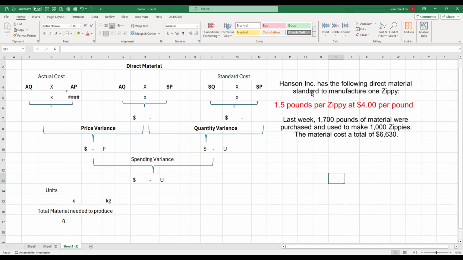Since we're doing the variance analysis here for the direct material, how much is our standard price per pound of the material based on our standards? $4. Thank you. Let's move on. We have our first number, $4. Let's put this one in dollars.